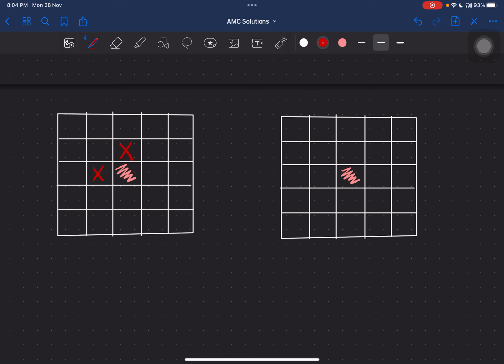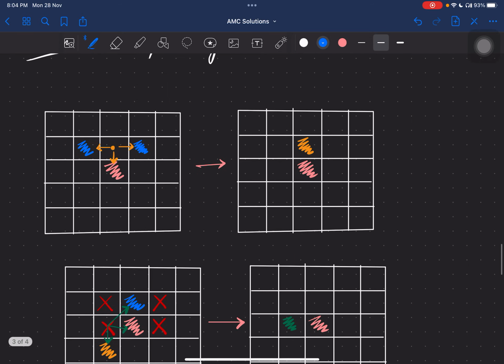All these positions cannot be filled. So now let us see what happens if we fill these positions. These 2 positions are not valid, that we have already seen. These 2 positions we can't take.